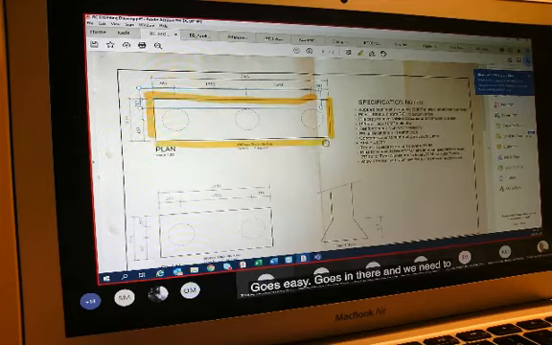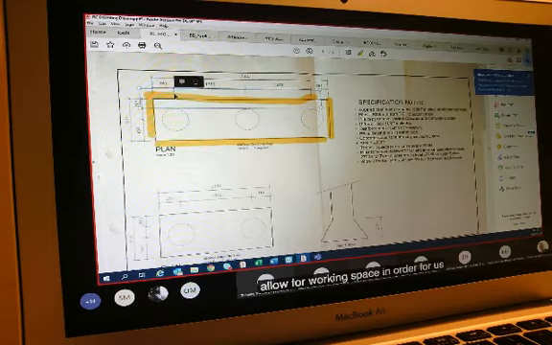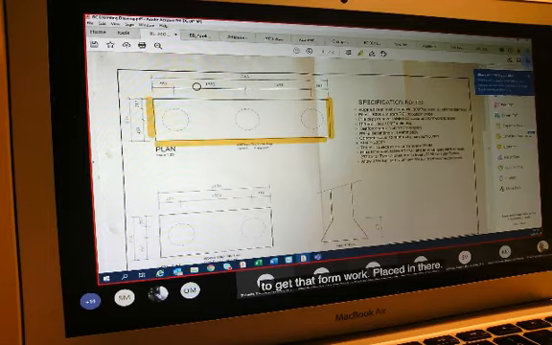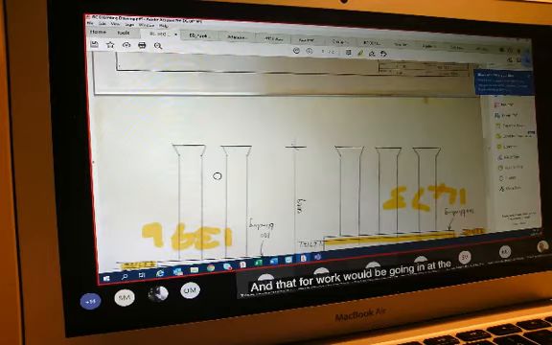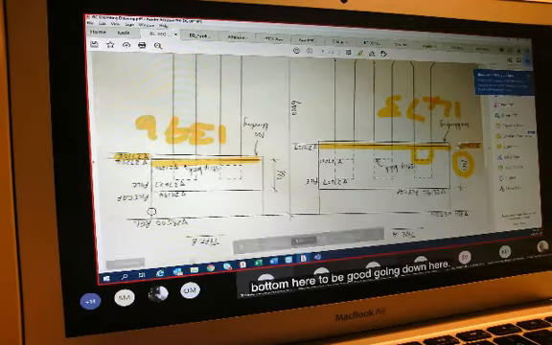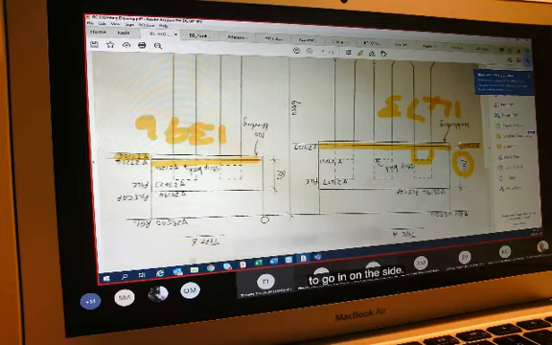But we need to ensure that the formwork can get in there, that the support work goes in there, and we need to allow for working space in order for us to get that formwork placed in there. And that formwork would be going in at the bottom here, going down here. Now that is upside down again. I don't know why I copied it in like that. But that formwork needs to go in on the side, so we need to create working space for that.